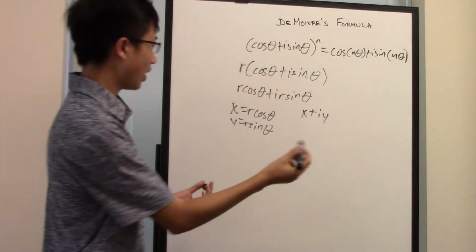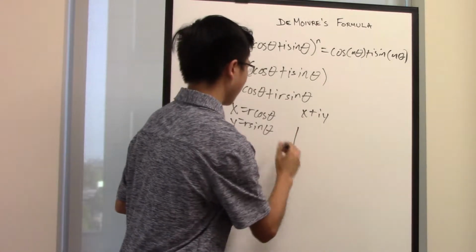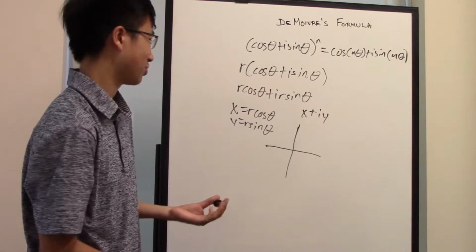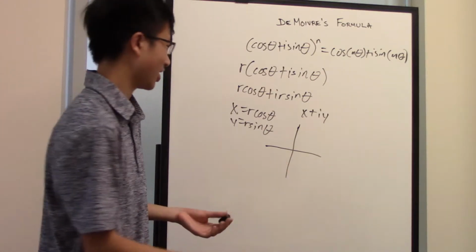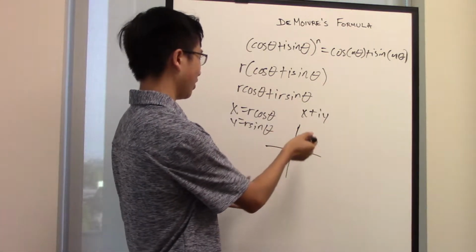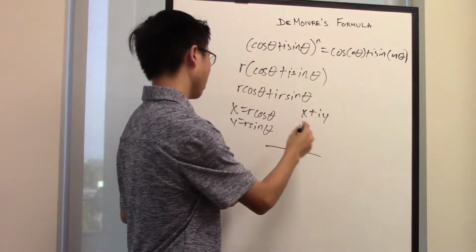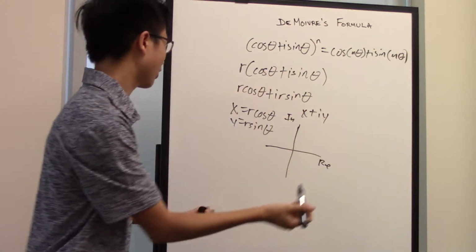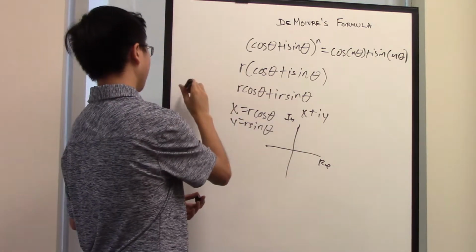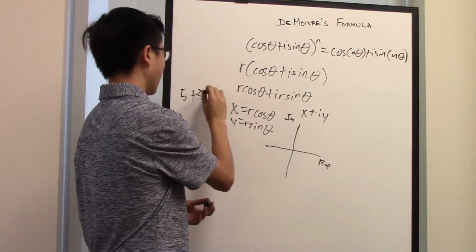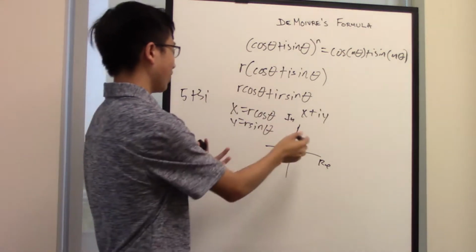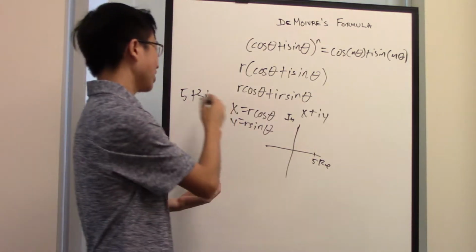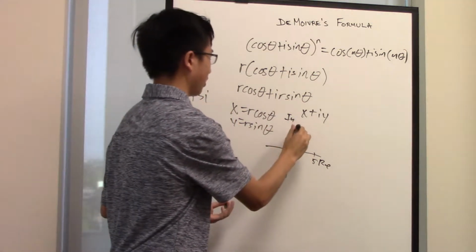So if we were to graph this, it would just be the same as the graph of a normal xy coordinate, but instead of the x and y axis, we use the real and the imaginary axis. So if we were to take an example, 5 plus 3i, the real part of this number would be 5, and the imaginary part of this number would be 3.